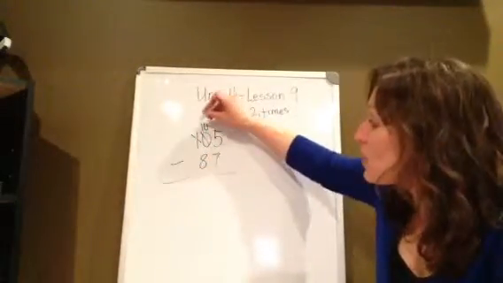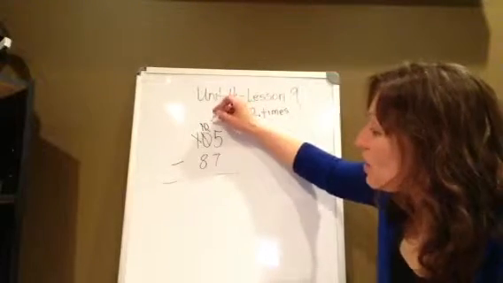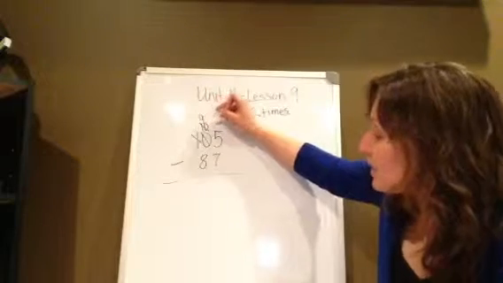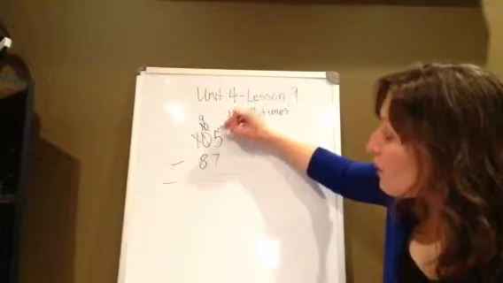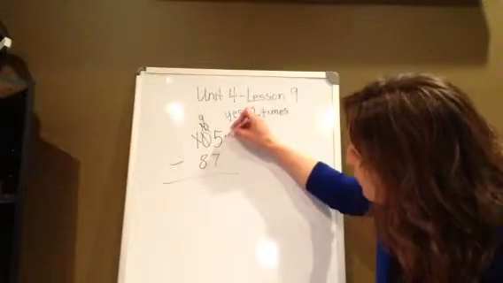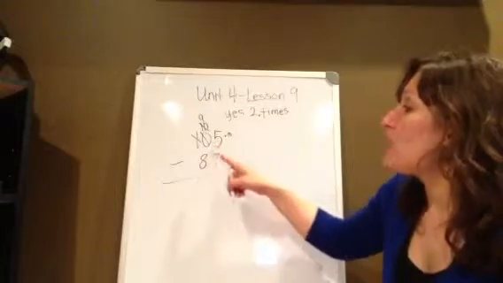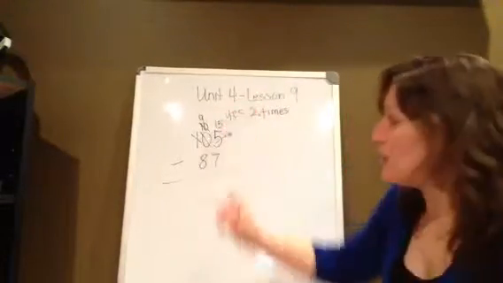I have 10 tens right here. I'm going to take 1 ten and put it over here. So that leaves 9 tens here now. And since I'm putting 10 with my 5, in fact, I'm going to put that right here. I know that 5 ones plus 10 more ones is going to equal 15.